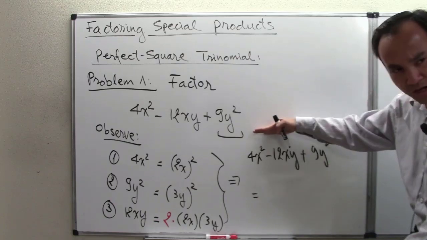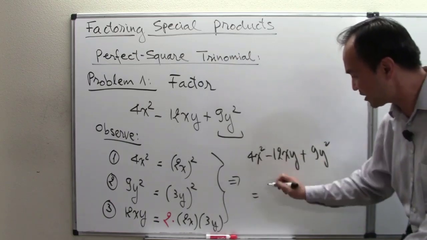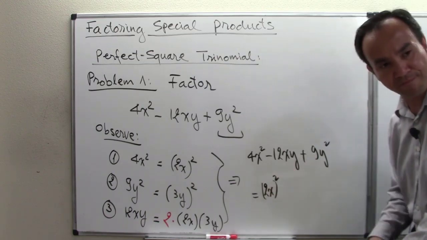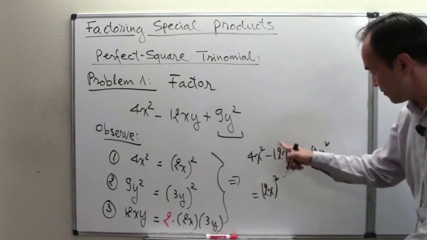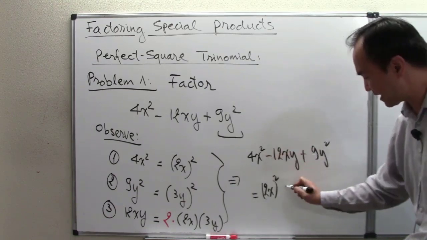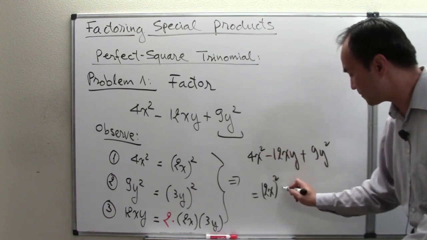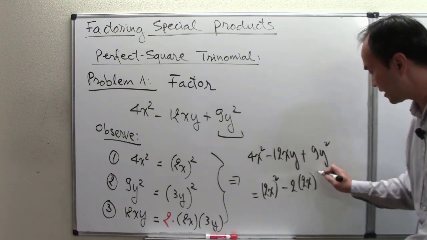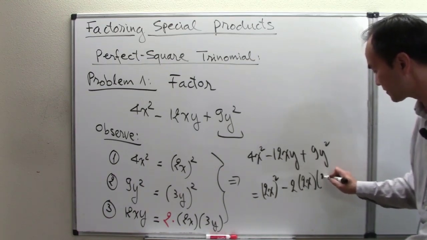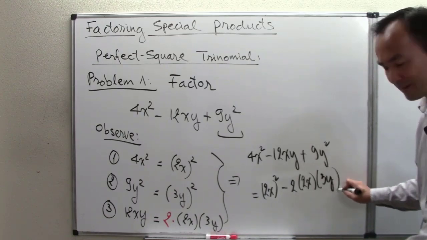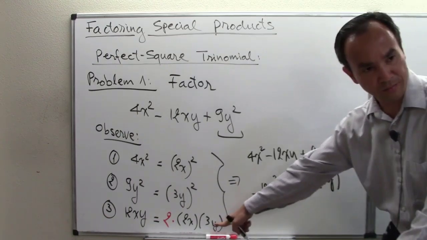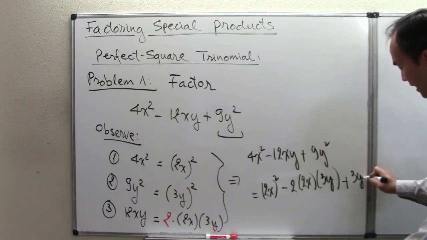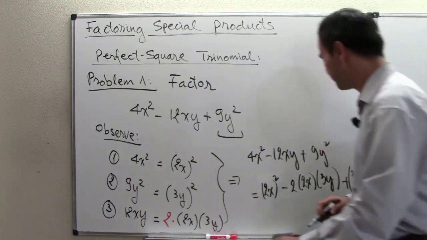This quadratic expression is equal to the first term rewritten as (2x) all squared. The middle term is a minus, so now I'm going minus 2 times the 2x times 3y. That's what we realize about the middle term. And I'm going to rewrite the last term as (3y) all squared.